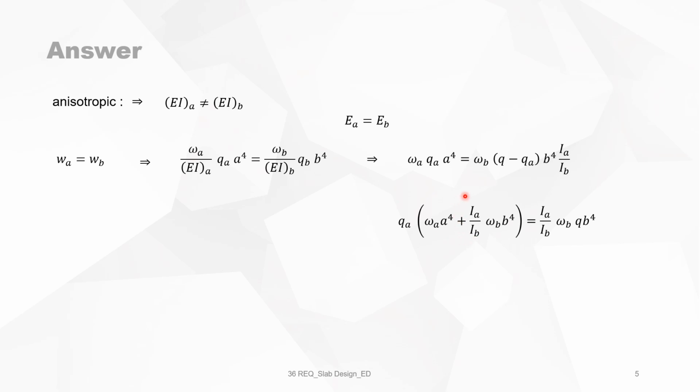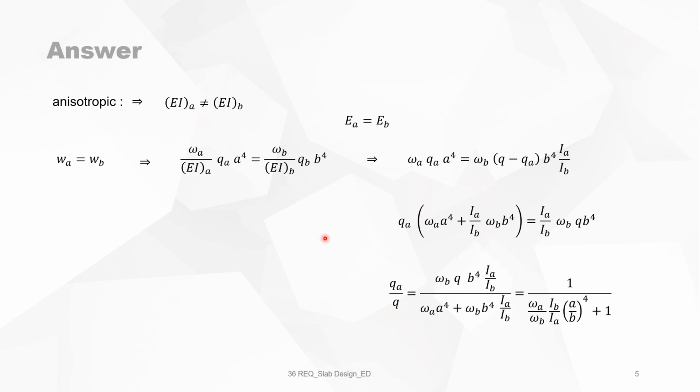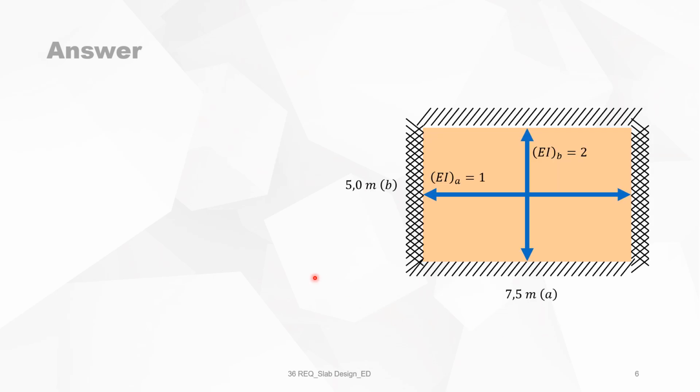You see that now there's an additional term in the equation depending on the stiffness of the slab. And rearranging it, we arrive at this formula. So you see, instead of omega A divided by omega B, we have now the EI divided by EA.